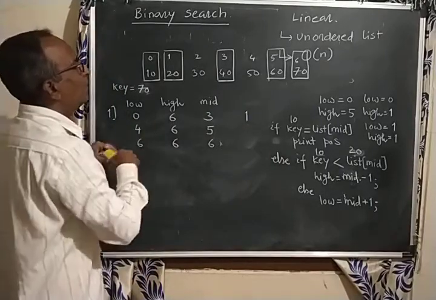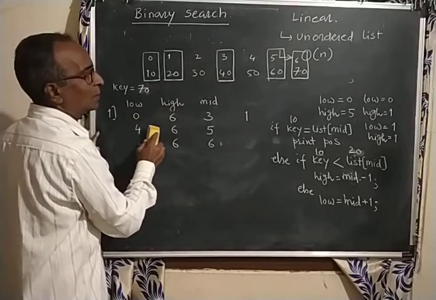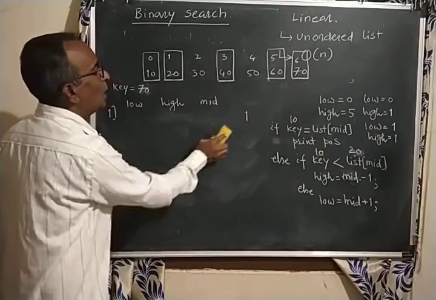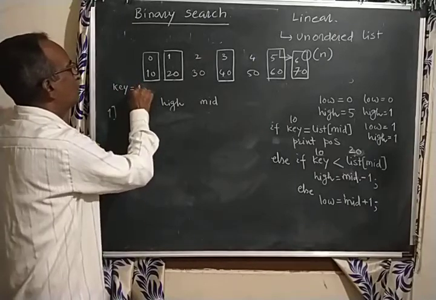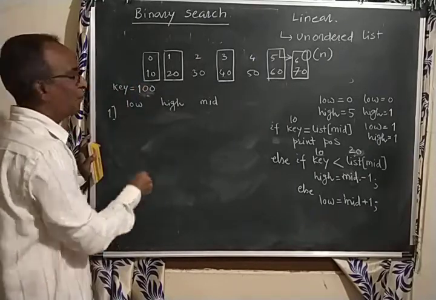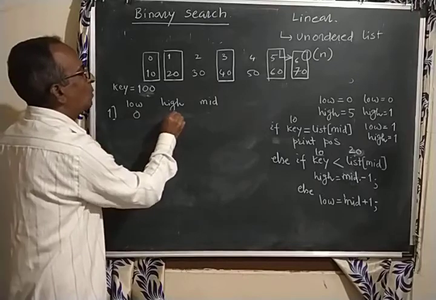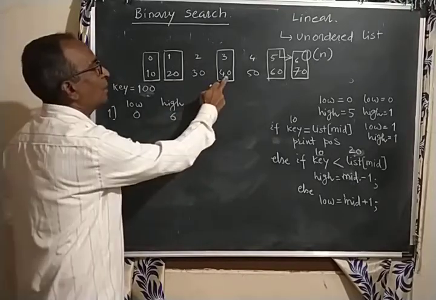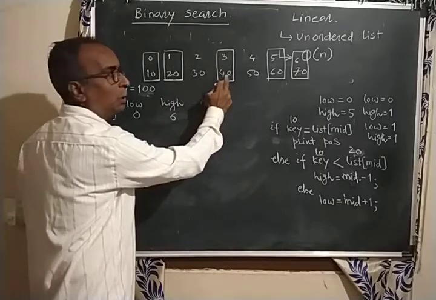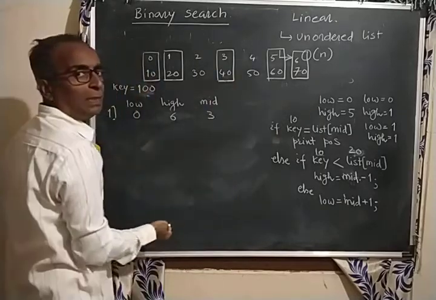Now what will happen for unsuccessful search? Suppose you are searching for 100. This is unsuccessful. We'll see. Low is 0, high is 6, mid is 3. 100 is greater than this, so it must lie towards right hand side.